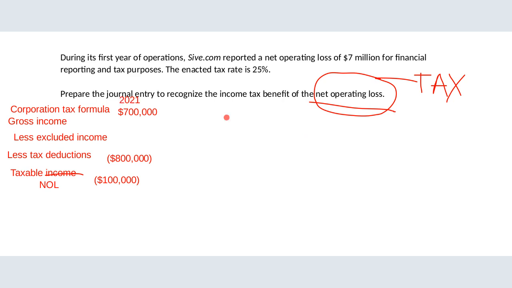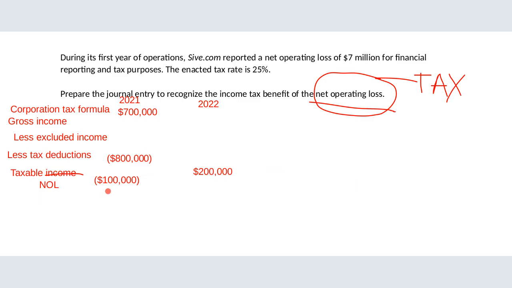And so what we're saying is, when it comes to 2022, if we happen to have taxable income, let's say of 200,000, then we can use this NOL to offset a portion of our future taxable income.